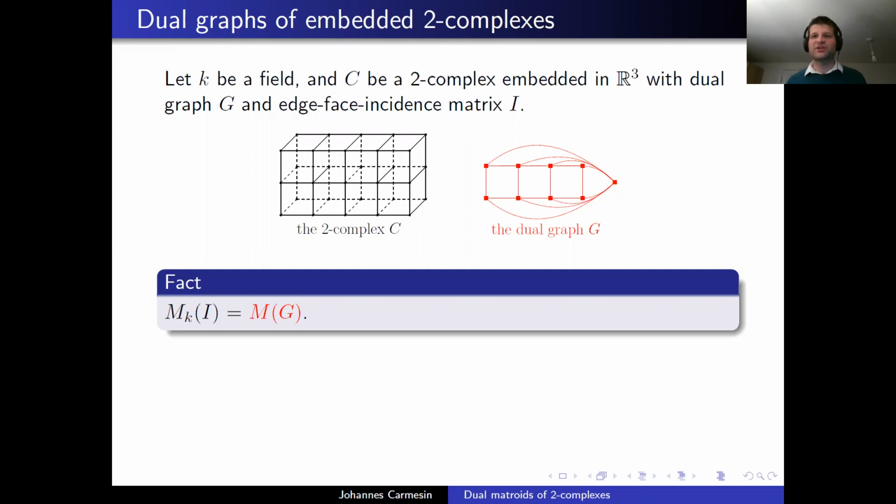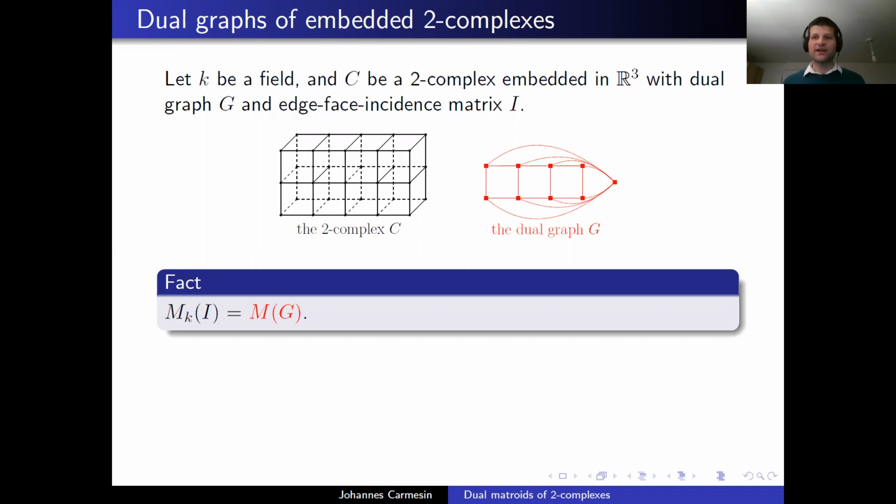But we're matroid theorists, we know how it works in the plane. So you shouldn't try to construct the dual graph from the 2-complex itself, but rather construct the cycle matroid of the red graph. So we want to build from the black 2-complex a matroid that is equal to the cycle matroid of the red graph.